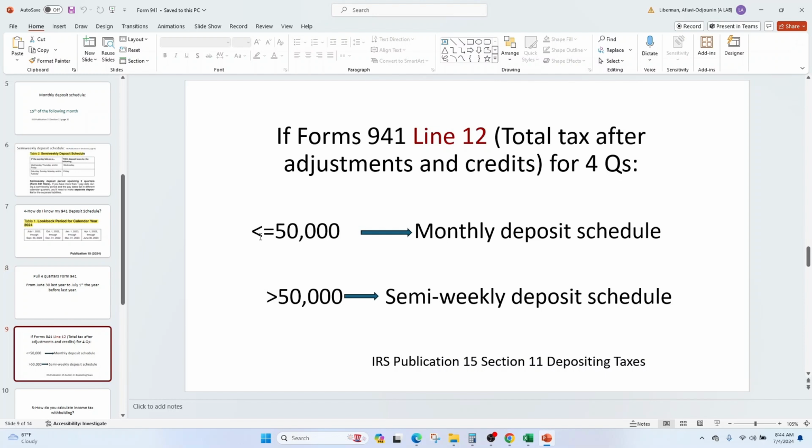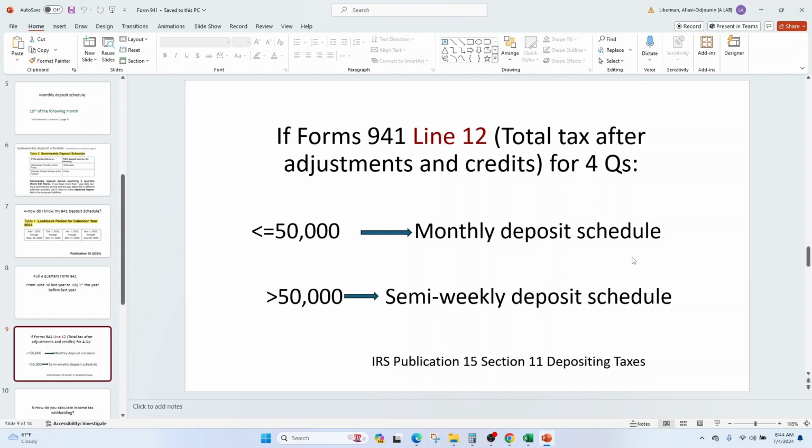The total of line 12 for those 4 quarters is equal to or less than $50,000, you choose the monthly deposit schedule at the beginning of 2024. And if nothing changed, you remain a monthly depositor during the year. When I say nothing changed, it means you didn't incur a $100,000 tax liability in one day during the current year.